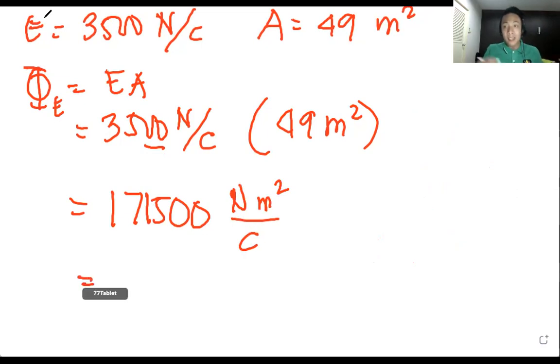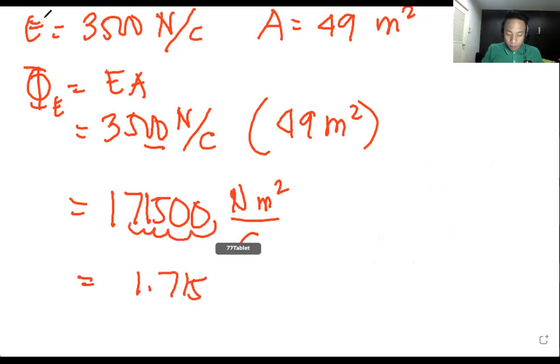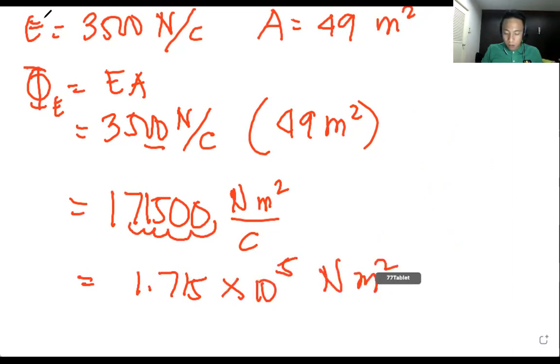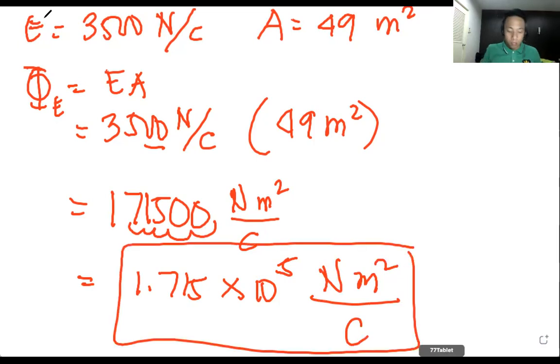Or in scientific notation, 1.715 times 10 raised to 5 newton meters squared over coulomb. So this will be the final answer for the electric flux in the given problem. Okay? Easy. So that will be the answer.